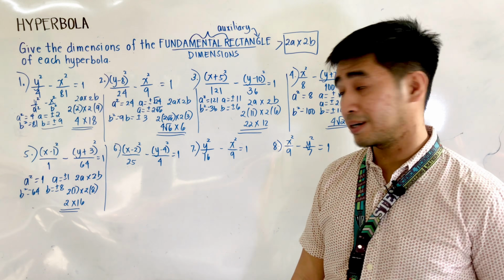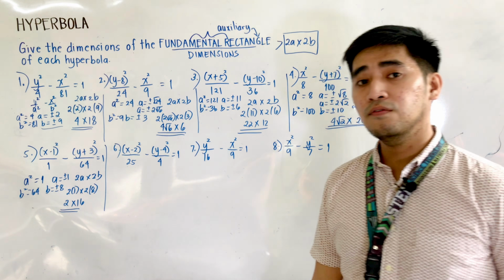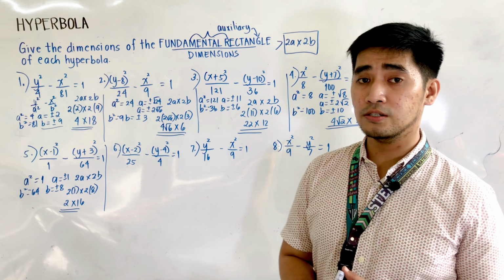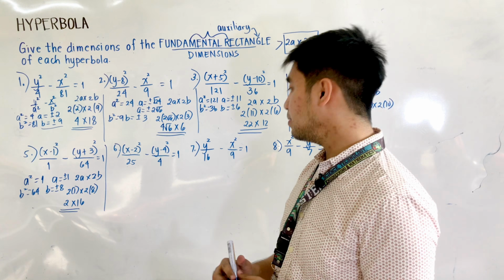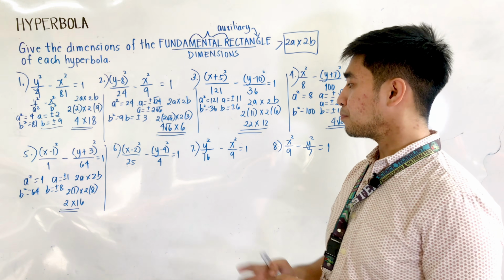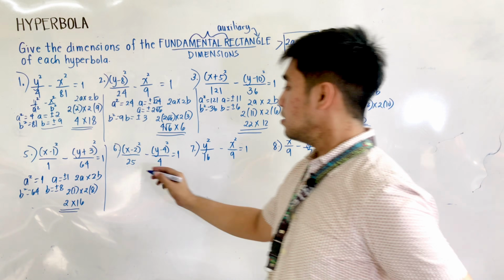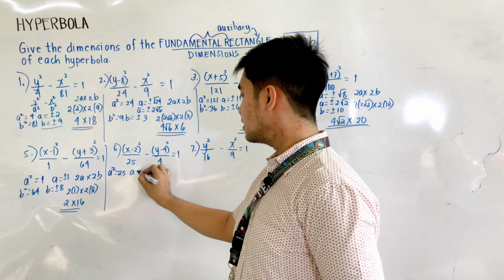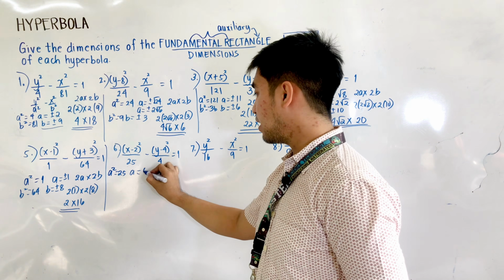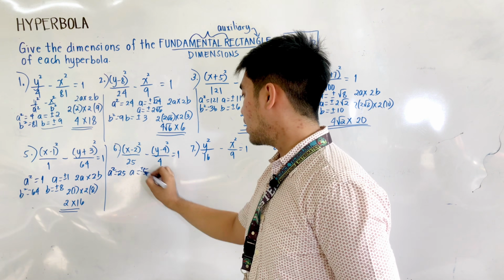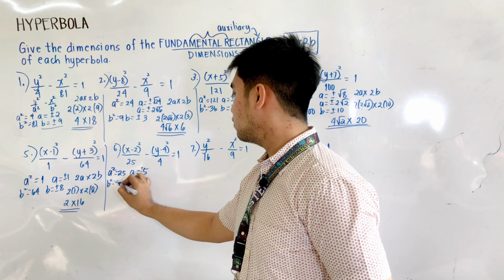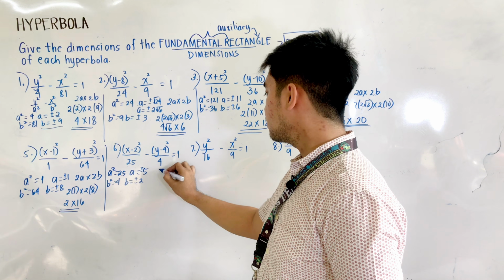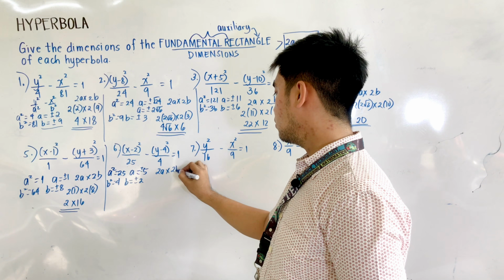Okay? For problem number 6, we have the quantity (x minus 2) squared over 25 minus the quantity (y minus 4) squared over 4 is equal to 1. So let us now get the value of a squared, which would be 25. Then a is equal to the square root of 25, which is 5, or plus minus 5. For b squared, we have 4. Therefore, b is equal to the square root of 4, plus minus 2. We'll be having 2a by 2b.